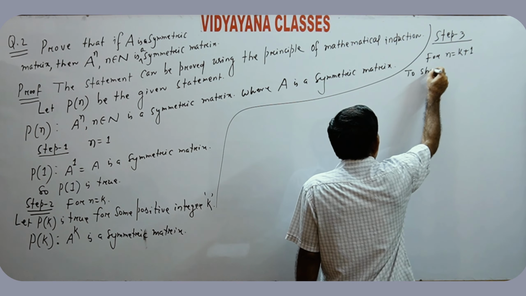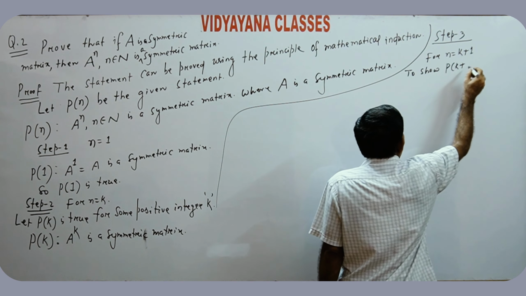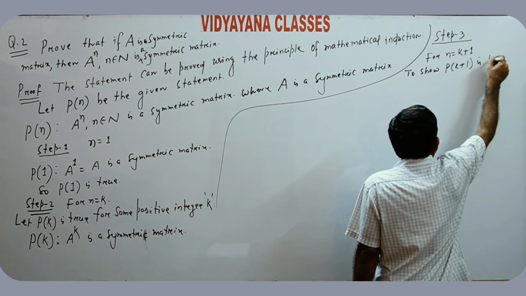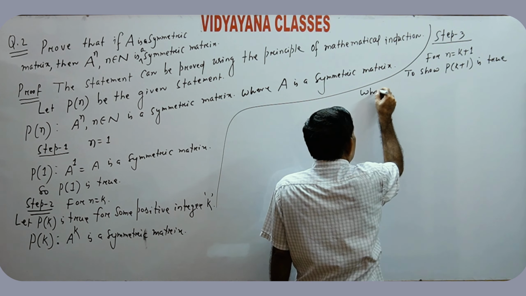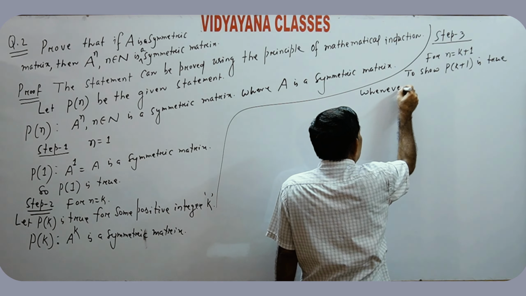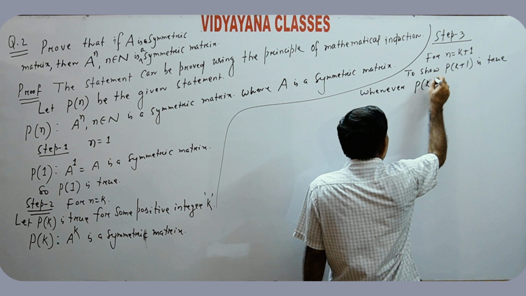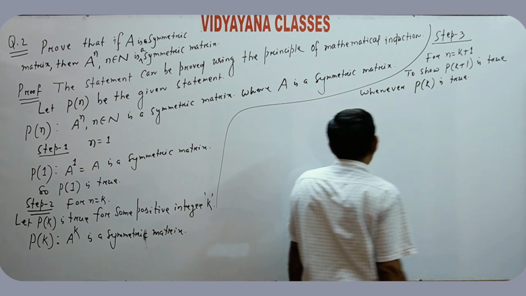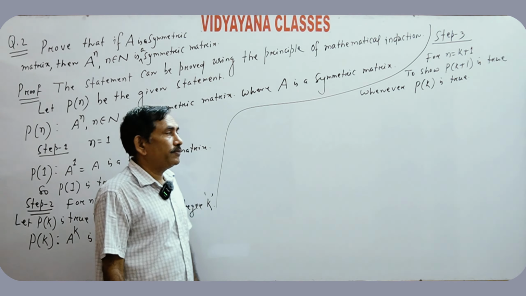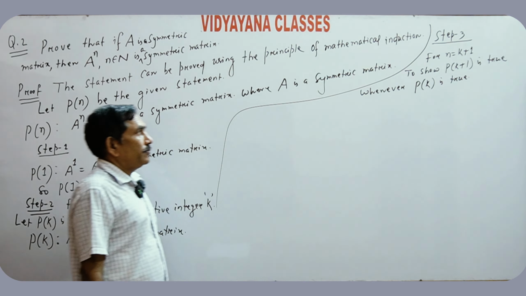To show Pk plus 1 is true whenever Pk is true. Using the second step, we will prove the third step.